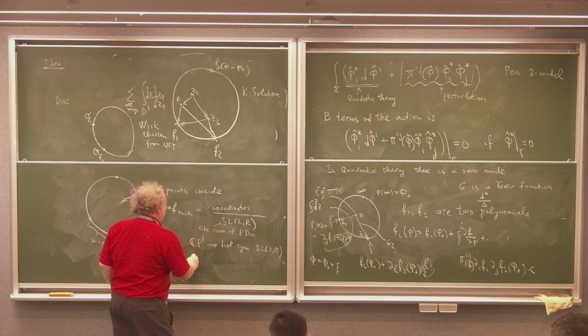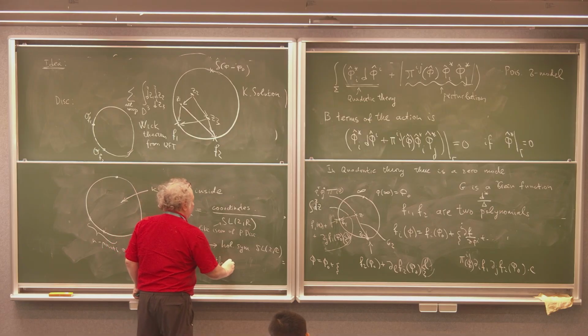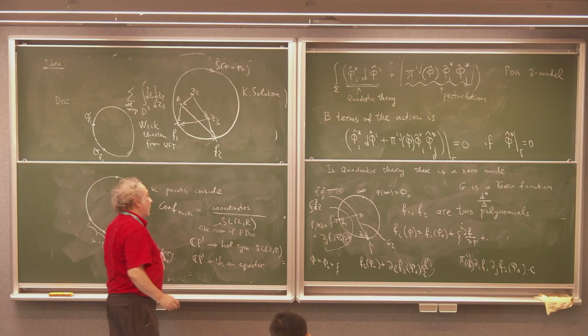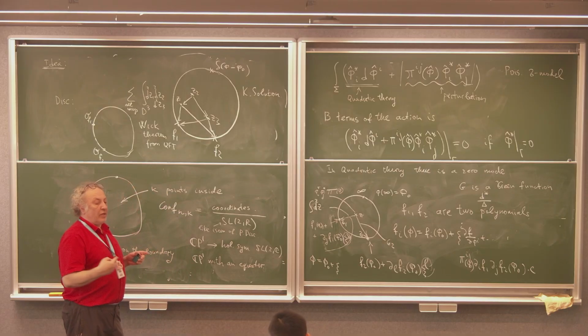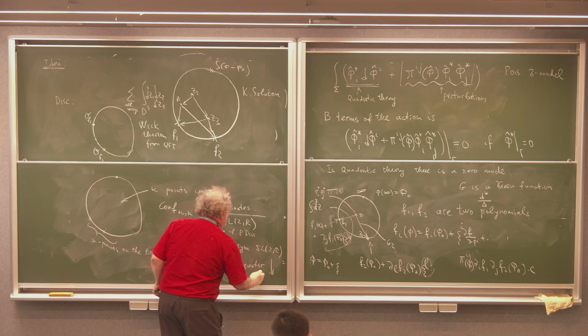If I have CP1 with an equator, the group that preserves the equator is broken to SL(2,R).